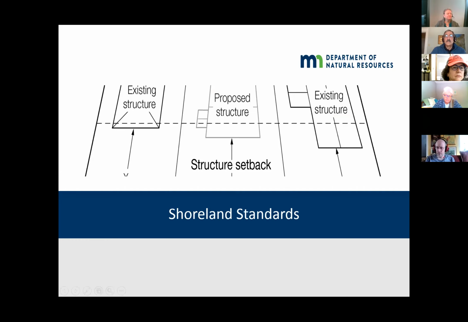This one highlights our setback averaging provision. So we have setbacks, and there are non-conforming structures that were built before the regulations were put in place, and the setback averaging accommodates existing development and allows you to encroach inside that setback. That's what this graphic helps to visually show. Next slide.